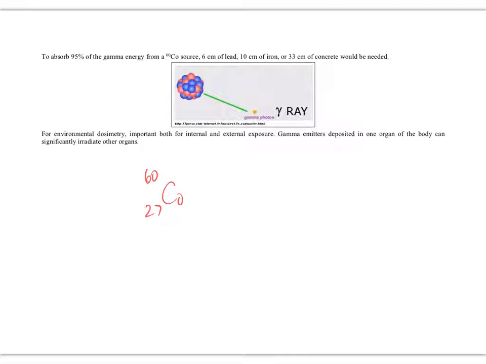These gamma rays are very powerful, as we've seen, with high penetration. And you'd need 10 centimeters of iron or lead or dense metal, and up to 30 centimeters of concrete.